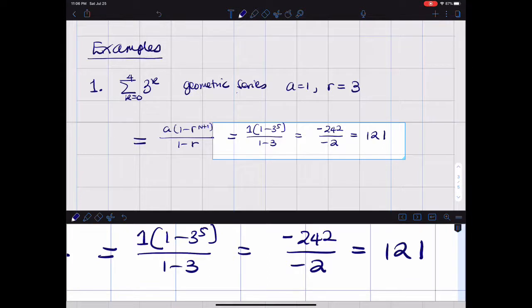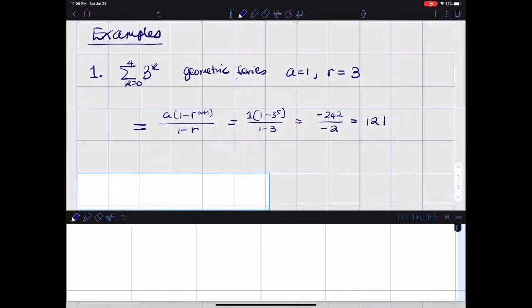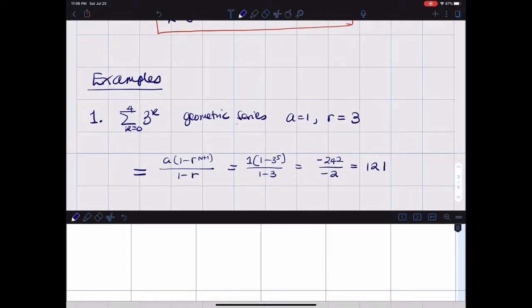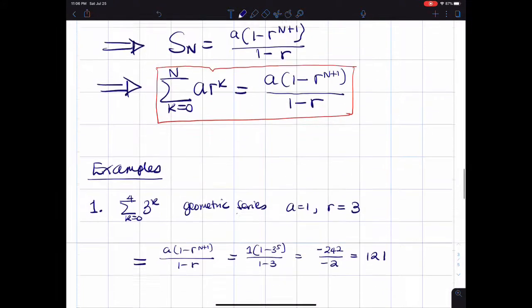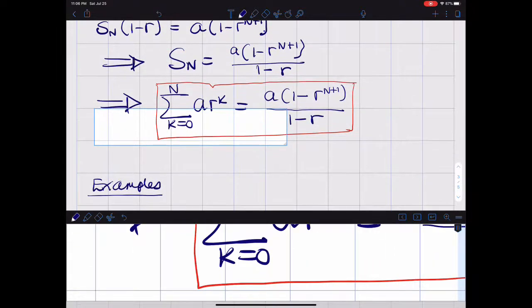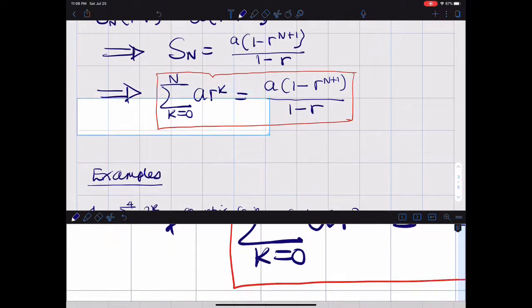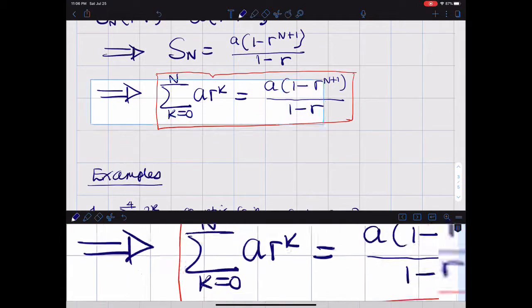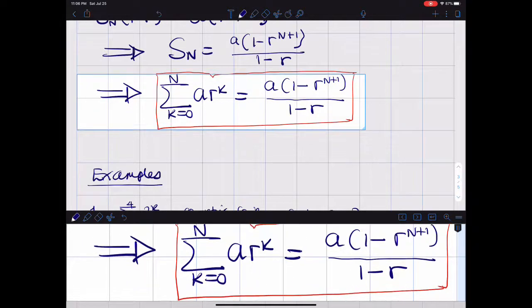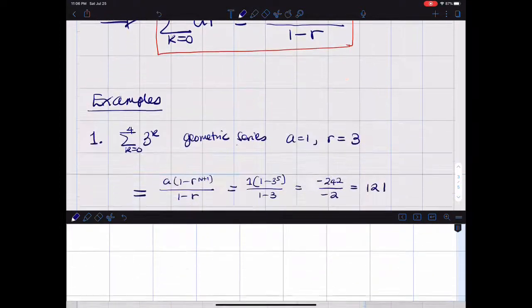Now, how about this? I want you to notice something. Notice the fact that this summation starts from 0. To use this formula, you have to make sure that your series starts from 0. If it doesn't start from 0, you can't use it.